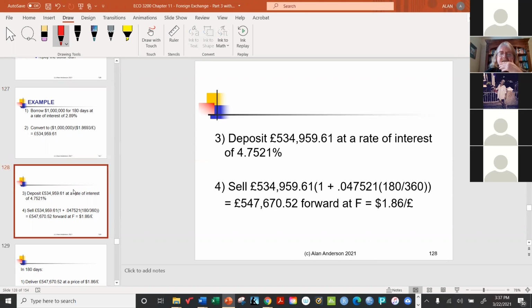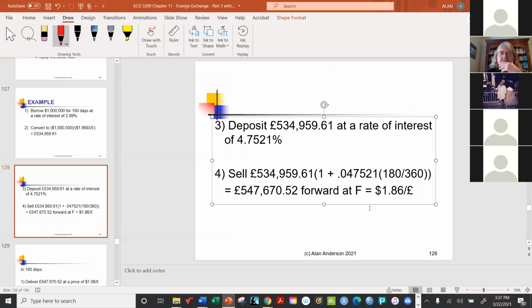And we already have seen the rate at which I'll earn for those 6 months. We already know that this will provide me with this many pounds in 180 days. This will be the amount in my balance in 180 days. I will sell all those pounds forward at $1.86 each.